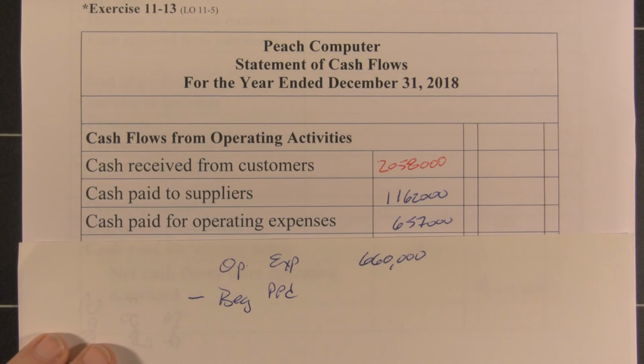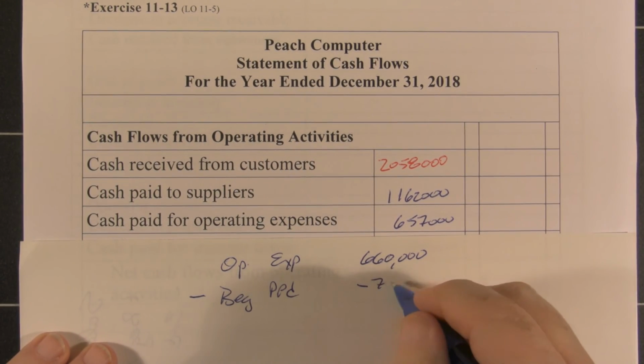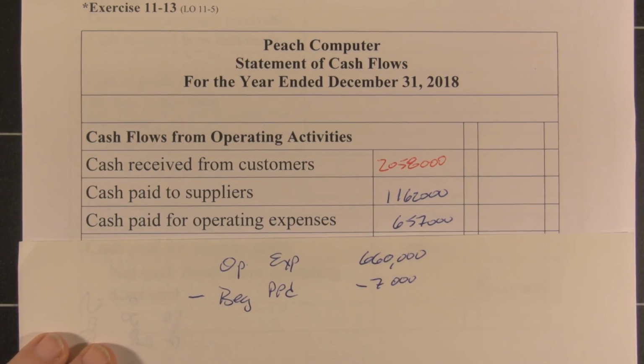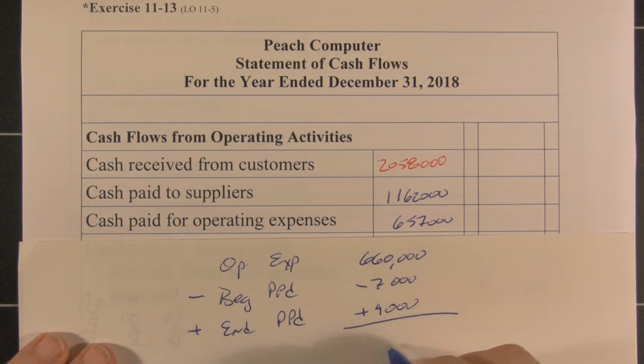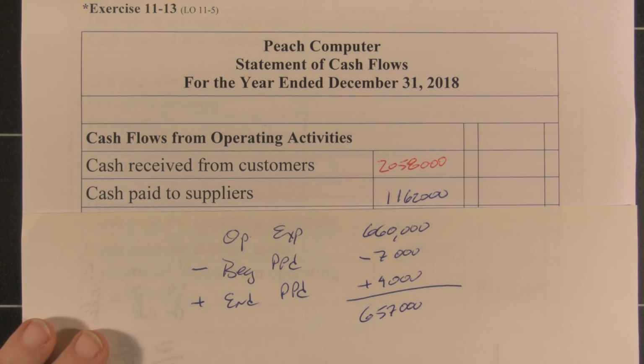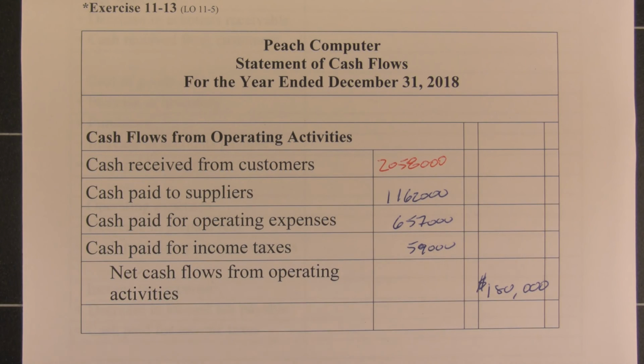And I add the ending prepaid because I paid that this year, but I'll use it next year. And that's $4,000. So we come up with a total of $657,000. It's the same number, it's just a little different way of thinking about it. I think it's a little easier.